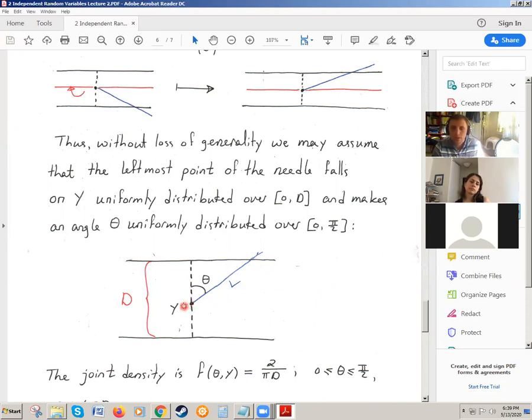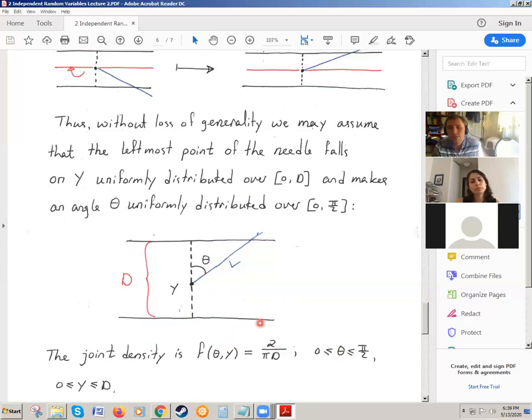Good. So now I have y randomly distributed between 0 and d, and theta randomly distributed between 0 and pi over 2. And you can create a joint distribution, right? So theta has a density function which is 2 divided by pi, correct?